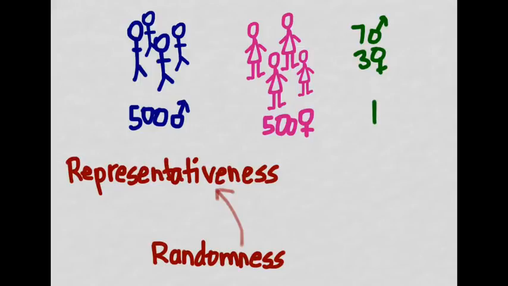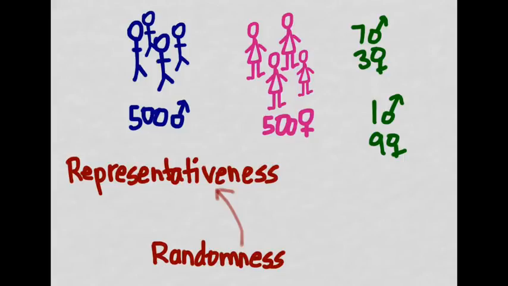It's also possible you might get 1 man and 9 women. And while these were randomly chosen, this does not represent this 50-50 mix. This one doesn't, and this one doesn't. So again, randomness does not guarantee representativeness.